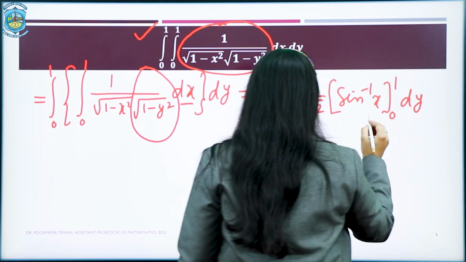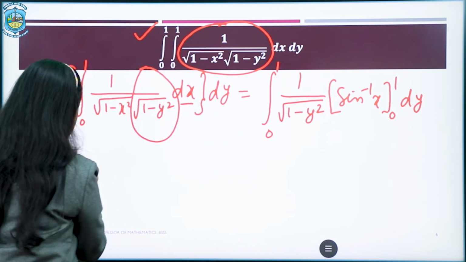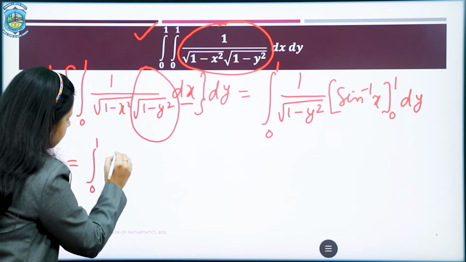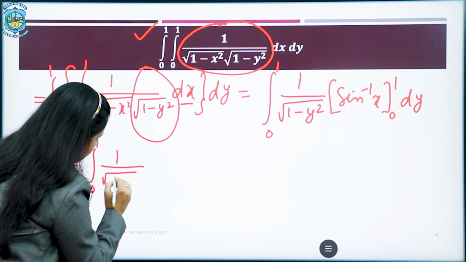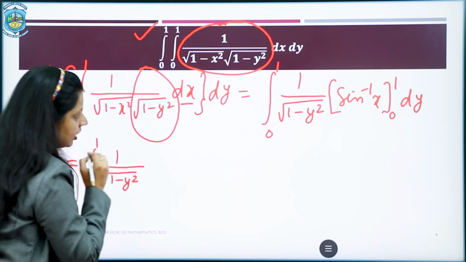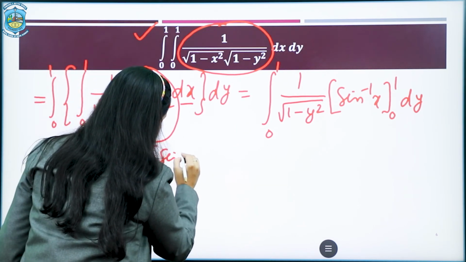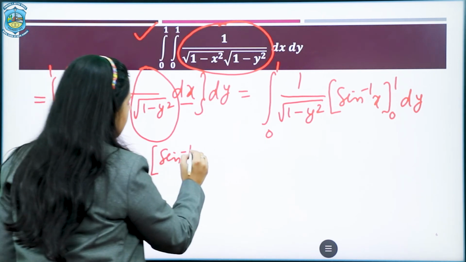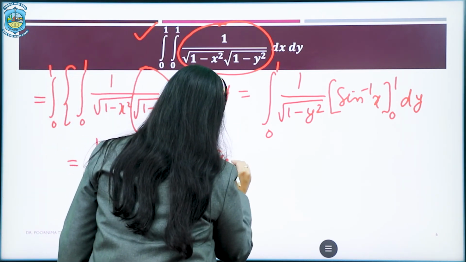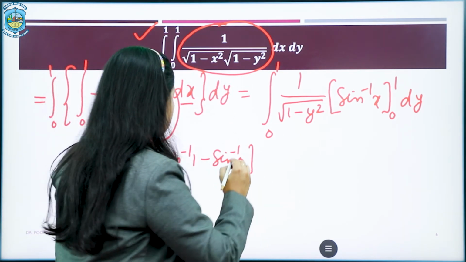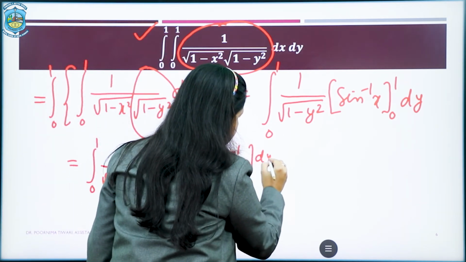Now when we apply the limit, this value will be 0 to 1, this term as it is, square root of 1 minus y square. First we'll apply the upper limit, that is we'll get sine inverse 1, and then we'll apply the lower limit, we'll get sine inverse 0, and this dy as it is.